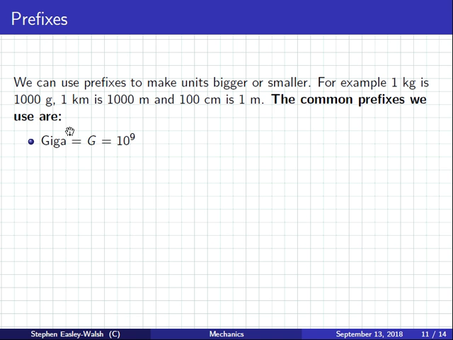Let's see. It's 10 power 9. That's how big a giga is. Does anyone know the English for this number? 9 zeros. Billion. It's a billion. Okay. All right, write this first one down. That's giga. G. 10 power 9.